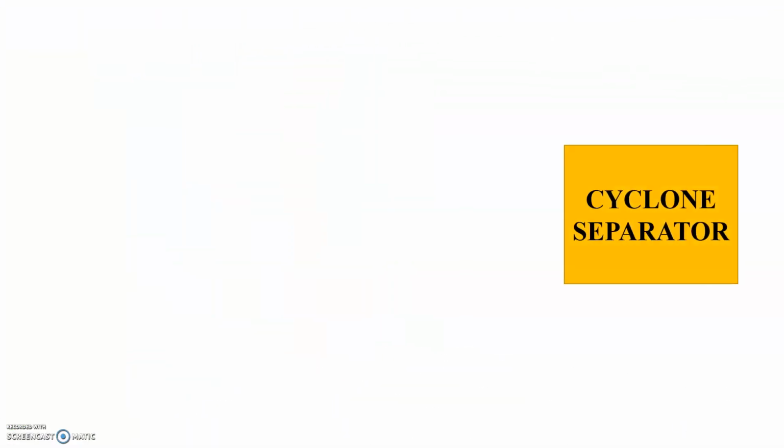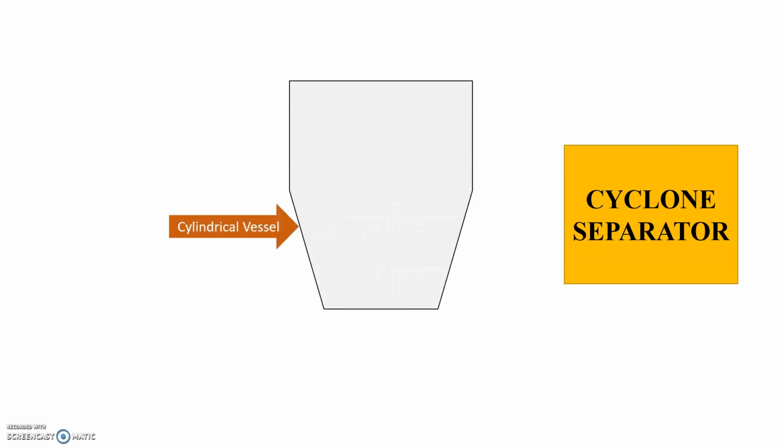Now let us see the diagram of cyclone separator. As we have seen in construction, it consists of a cylindrical vessel with a conical base.